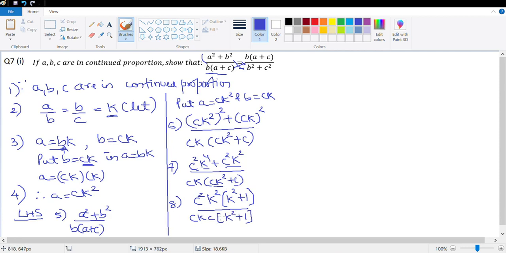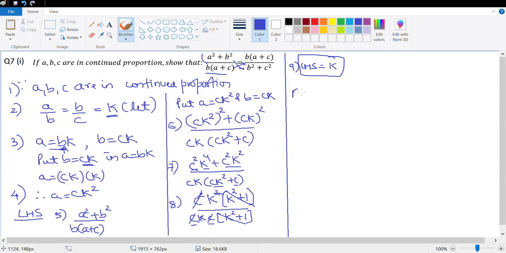K square plus 1 gets cancelled by K square plus 1, C square gets cancelled with C multiplied with C, and K cancels the second power of K, which means my left hand side is now equal to only K. I hope you got this. So left hand side was equal to K.